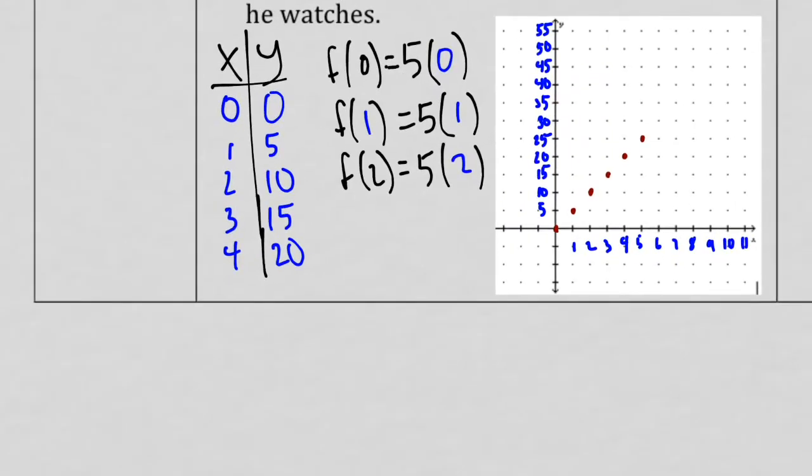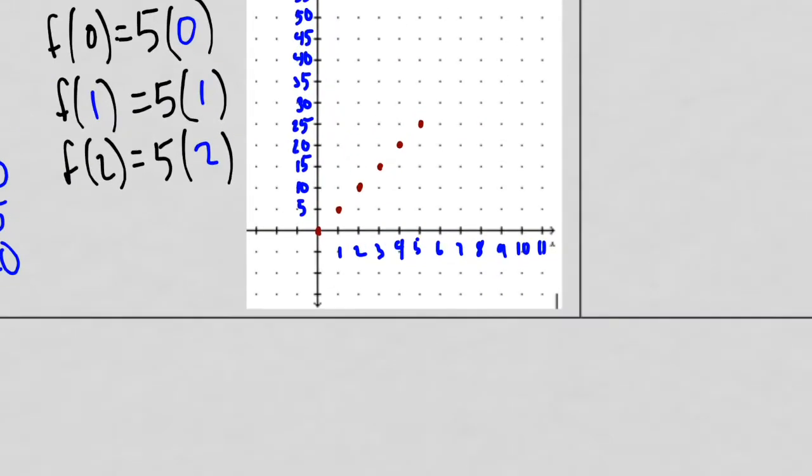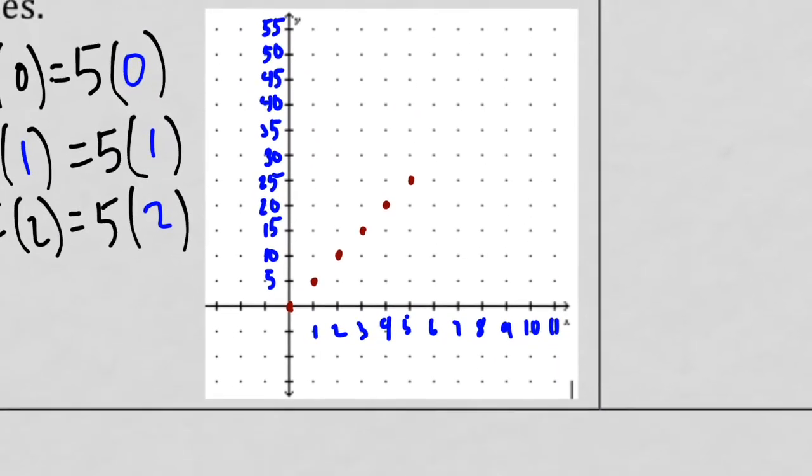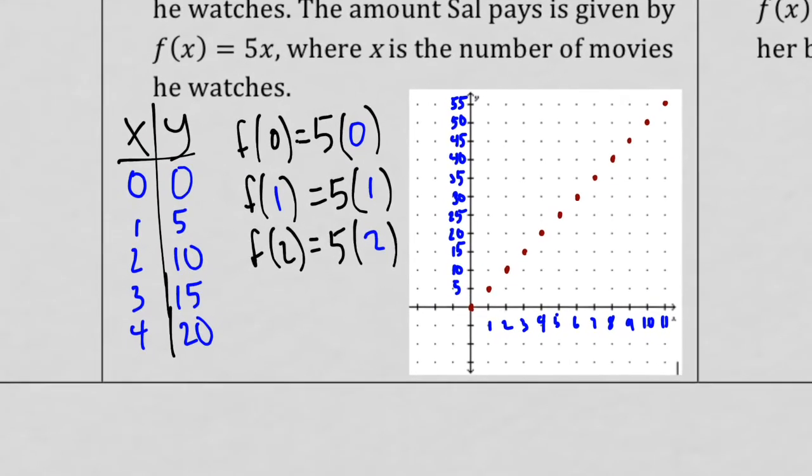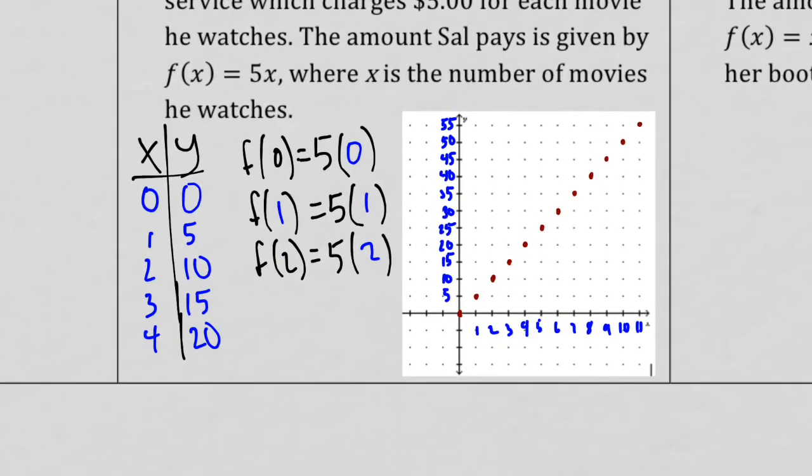Now, I didn't get that far on my graph, but I know by following the pattern that the next one will be $5 more, and so on. 6 will be 30, because it's $5 each. 7 will be 35. 8 will be 40. 9 will be 45. 10 will be 50. 11 will be 55. There you go. There's my graph. Now it says find the domain and the range.